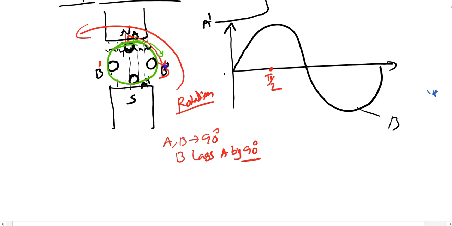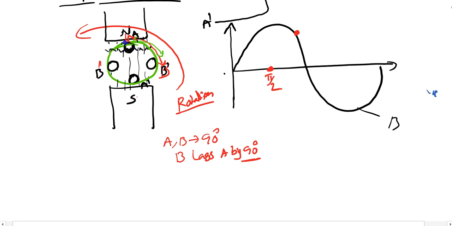At this moment, this is the conductor of the B coil, but it is in between the north and south pole. Obviously the EMF generation is minimum here. Now suppose it is rotating, then B is going to come here after some time, and it could be maximum coming here.